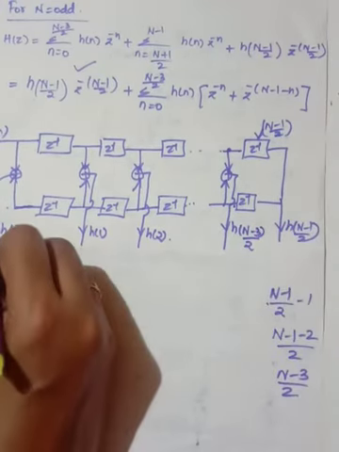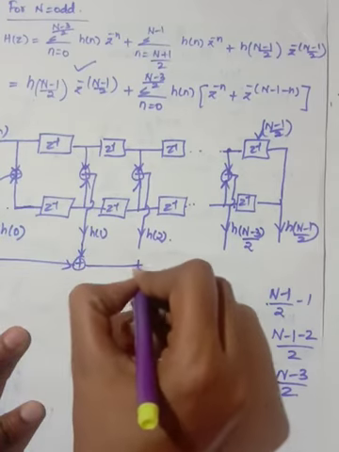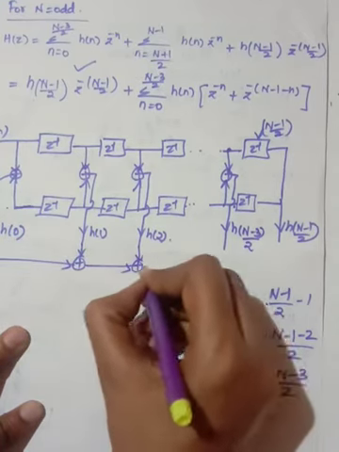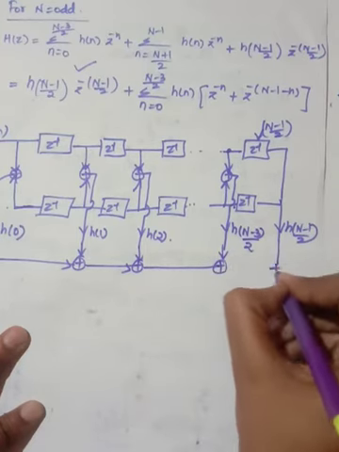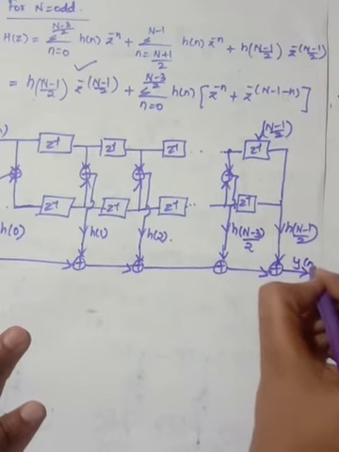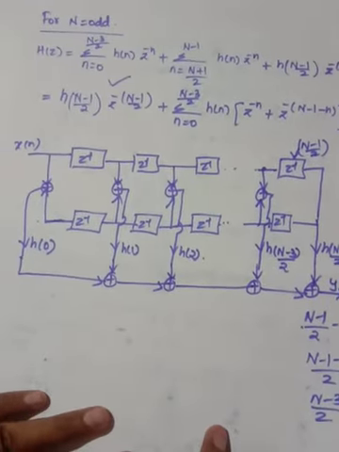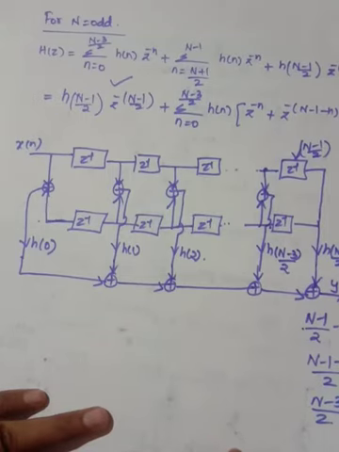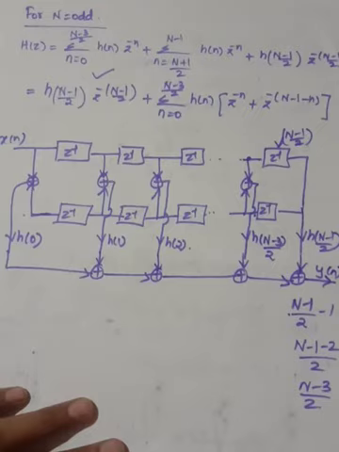So finally you need to add all the things. Finally you need to add this with this, so you will get the output y of n. So this is your linear phase realization for n is equal to odd and n is equal to even cases we have discussed. We will see a problem related to this.